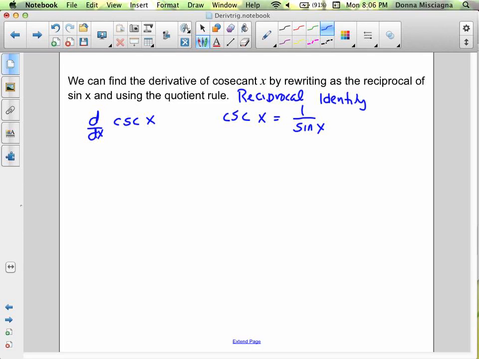By the way, tangent x equaling sine x over cosine x and cotangent x equaling cosine x over sine x are quotient identities. This is a reciprocal identity. So we're going to rewrite cosecant x as 1 over sine x and take its derivative, because we know the derivative of sine x and we know the quotient rule. As a reminder, that does count as a quotient.